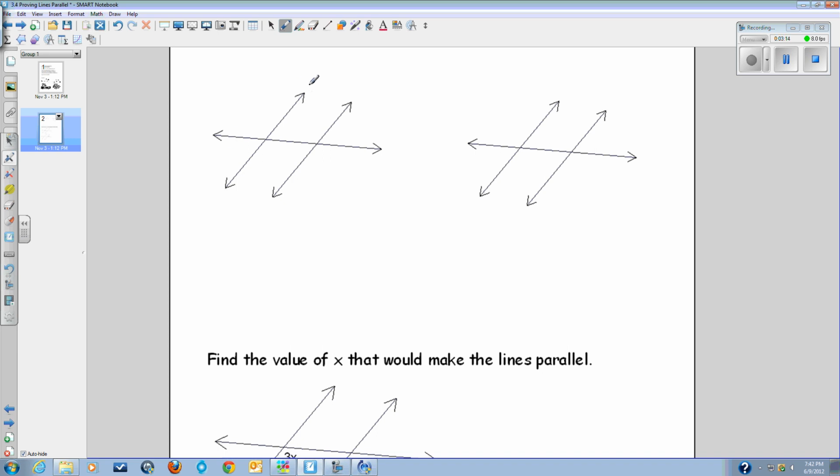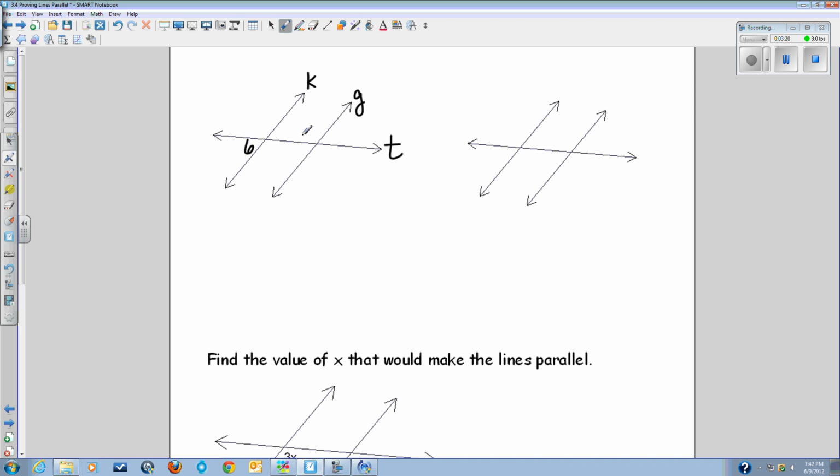Let's go to the next page. Let's say I have these lines, K and G, transversal T, and I label angles 5 and 6, and I tell you that angle 5 is congruent to angle 6. Can I show that K is parallel to G? Absolutely, K is parallel to G because what kind of angles are angles 5 and 6?